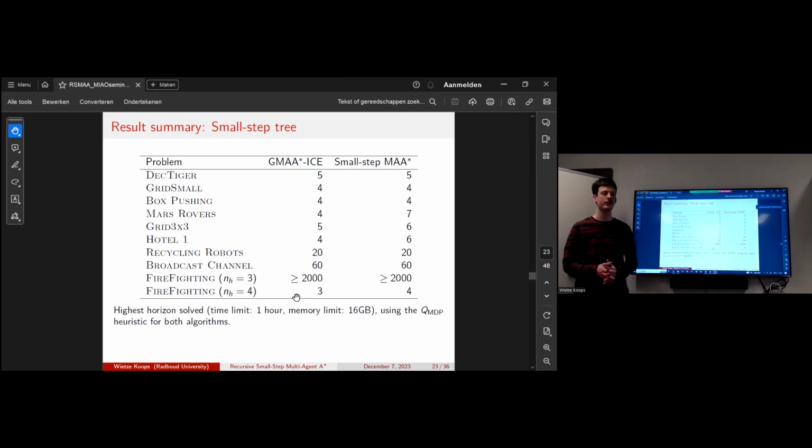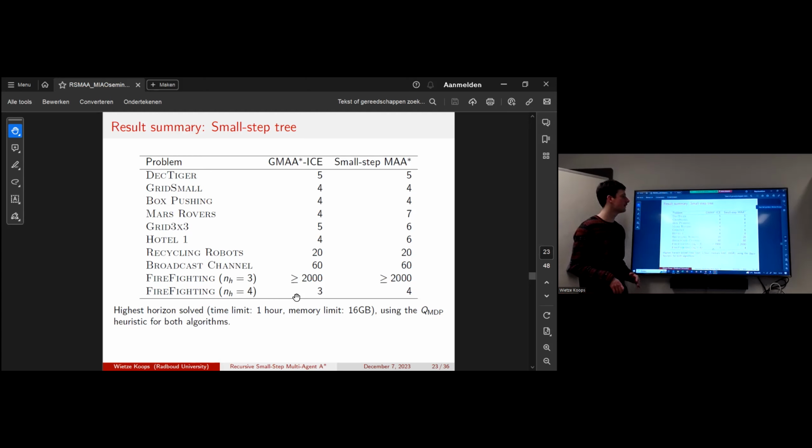Okay, so then we turn to the results. Here we have the state-of-the-art solver GMAA star ICE, and I computed results using the same heuristic for both solvers. So both use the QMDP heuristic, which is generally not tight at all, so you don't get very good results with this heuristic.